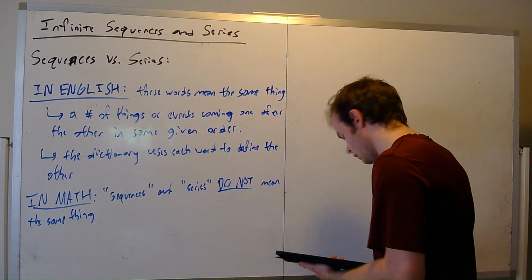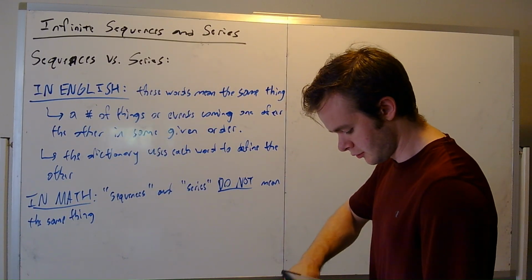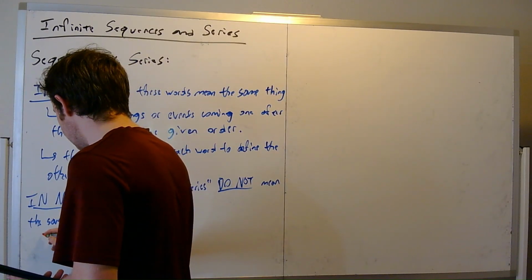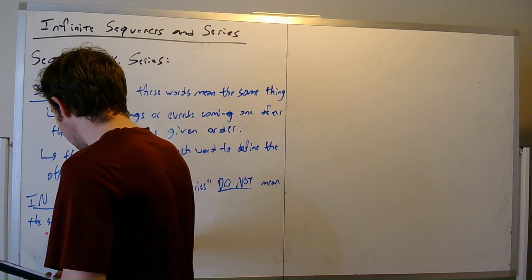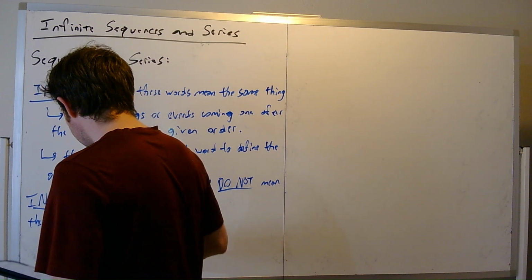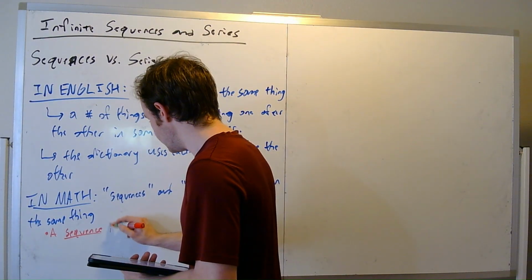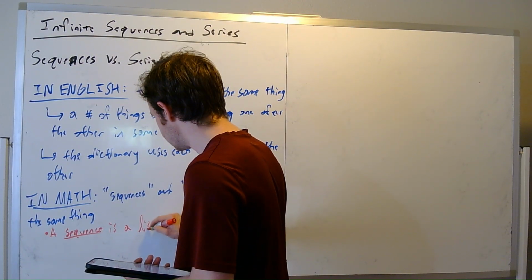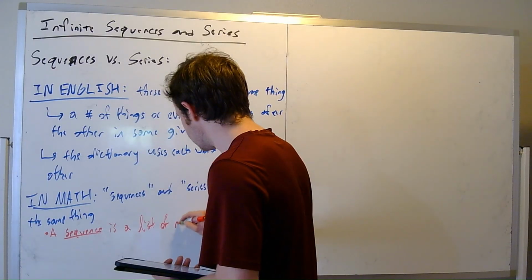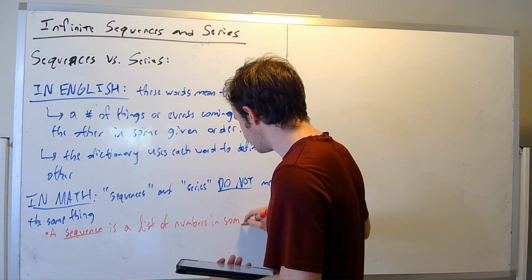So I'll say here a sequence. So let's talk about what a sequence means. A sequence is a list of numbers in some order.